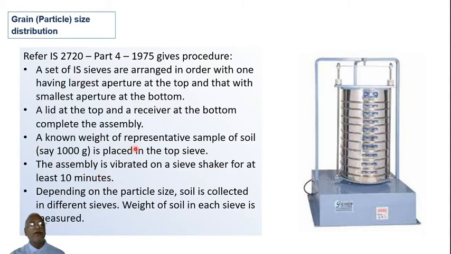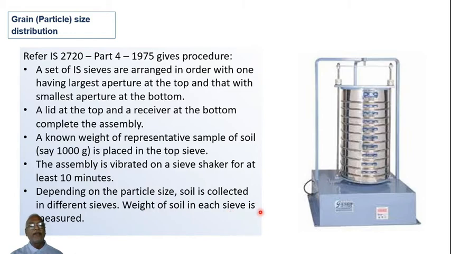A known weight of representative soil sample, say 1000 grams, is placed on the top sieve. The assembly is vibrated on a sieve shaker. This is a mechanical sieve shaker, and it has to be sieved for 10 minutes. You need not do it manually. Depending upon the particle size, the soil is collected in different sieves.